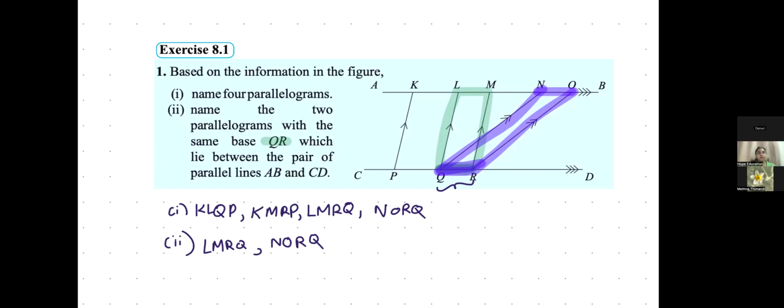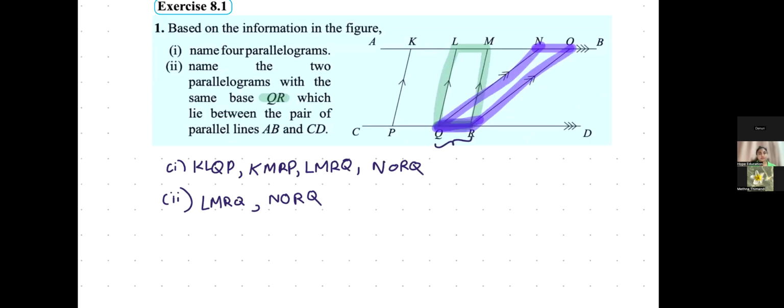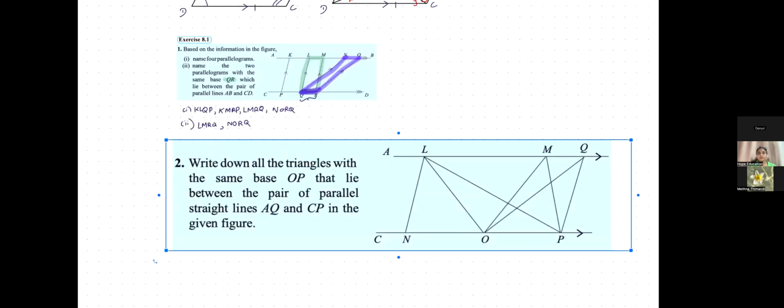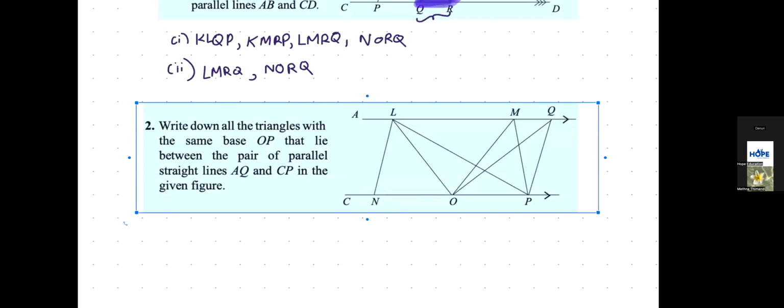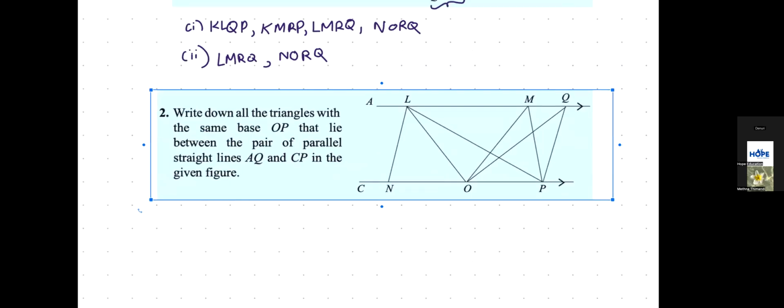Okay, kids. Let's move on to 8.2. 8.1, question number 2. Write down all the triangles with the same base OP that lie between the pair of parallel straight lines AQ and CP in the given figure.